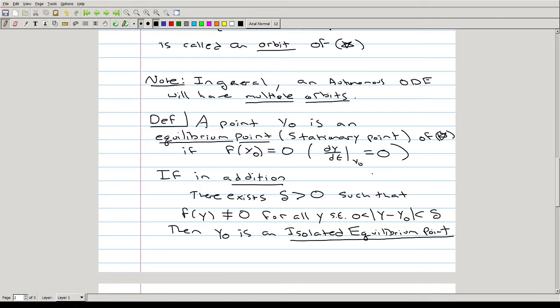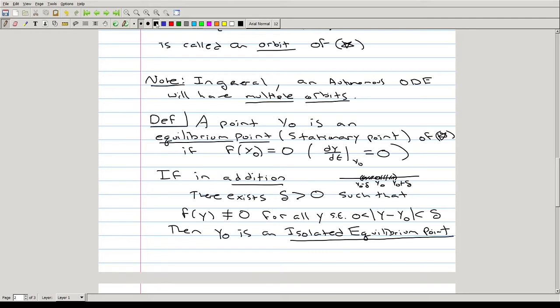So just in pictures, this means that if we have our line for y right here, and y naught is right here, what this is saying is that if there exists a small enough region around y naught, from y naught minus delta to y naught plus delta, where there's no other equilibrium points in that region, so delta can be as small as we want to, we call y naught an isolated equilibrium point.